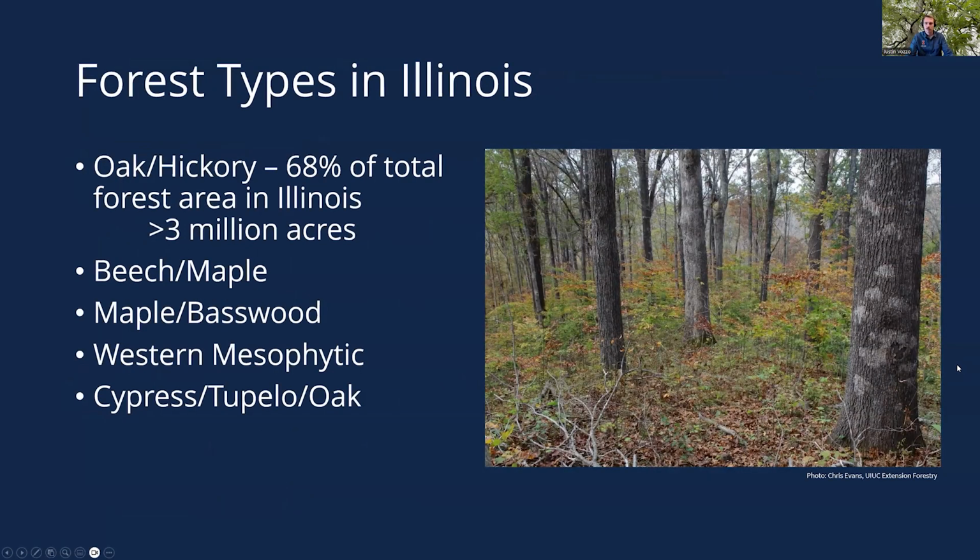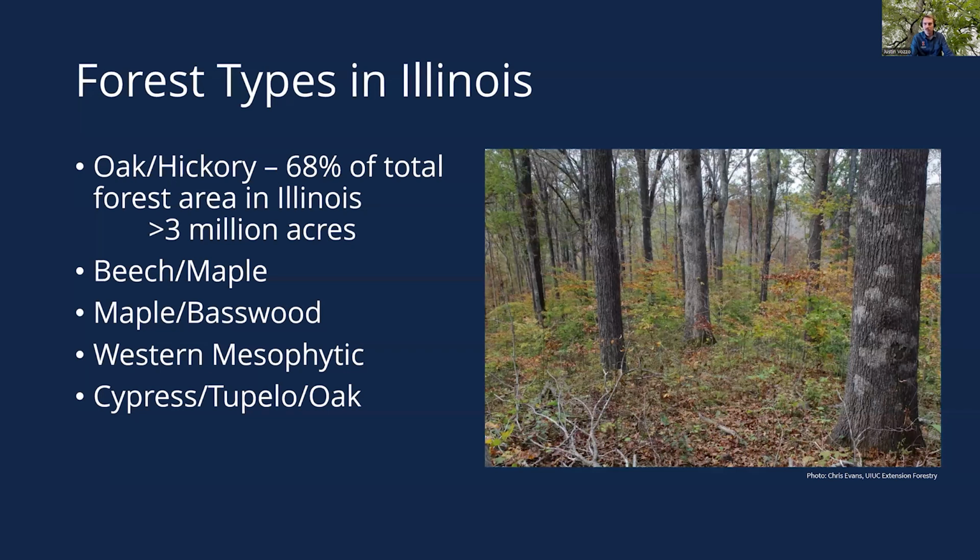So thinking about the forest types in Illinois, we have several different types of forests, but the most predominant forest type, and probably most important for many of our ecological systems, is the oak hickory forest type, which currently covers about 68% of the total forest area in Illinois, which is over 3 million acres.